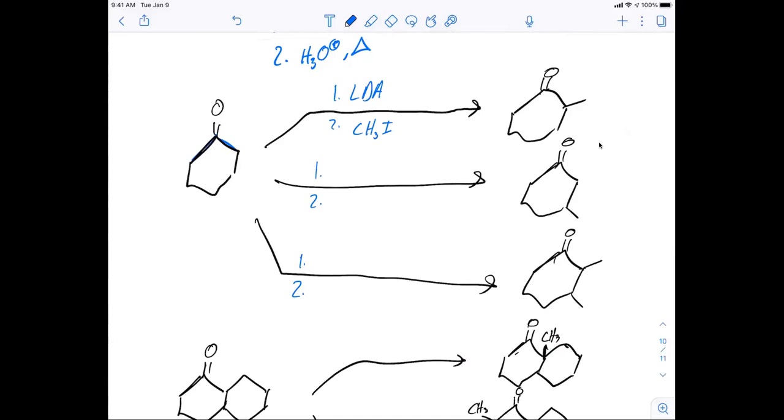Then the second one, actually there's more than 2 steps here. So 2, 3, 4, right? First step we're going to have to do is bromine and acid. Second step, we're going to need to add a base.